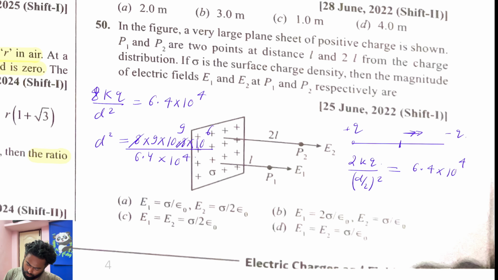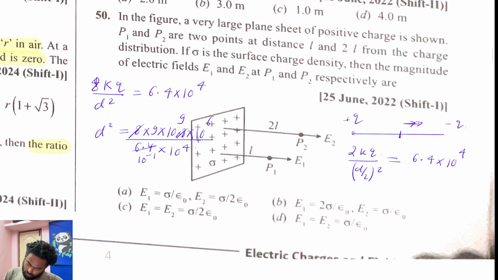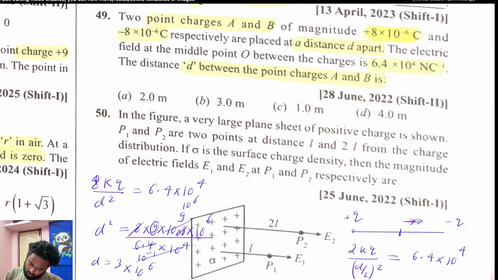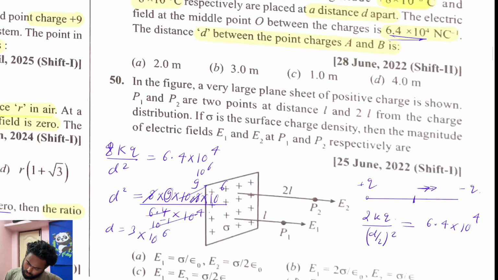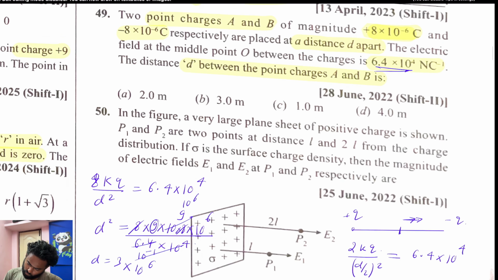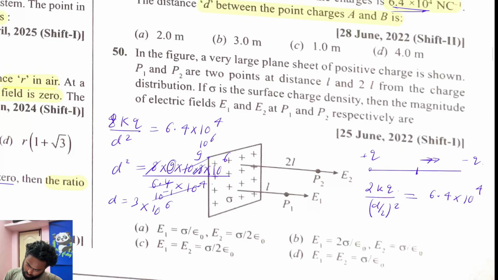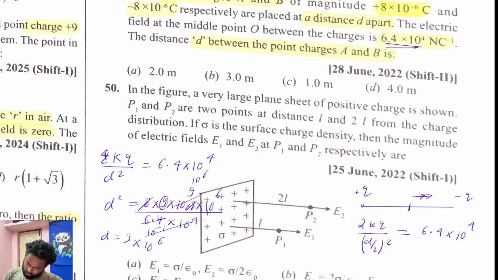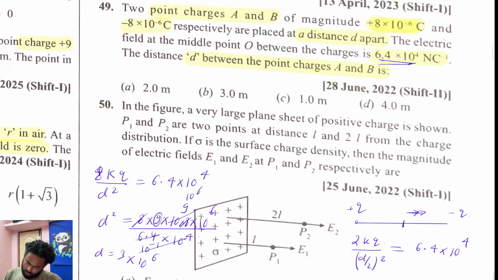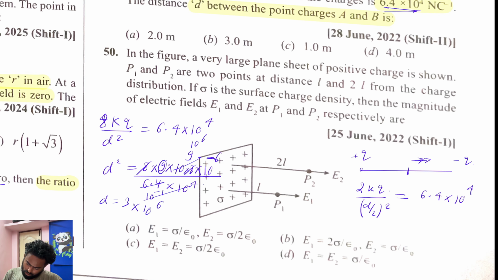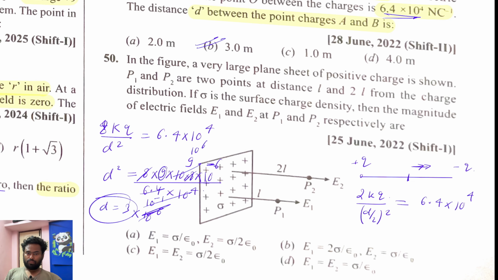So 8 times 8 is 64, and the powers work out, leaving 10 to the power 3 remaining. So d will be equal to 3.